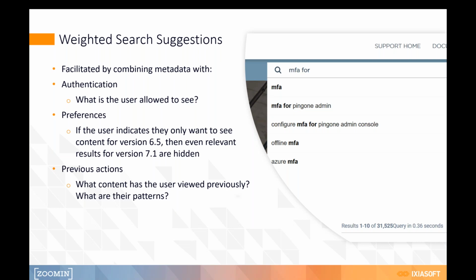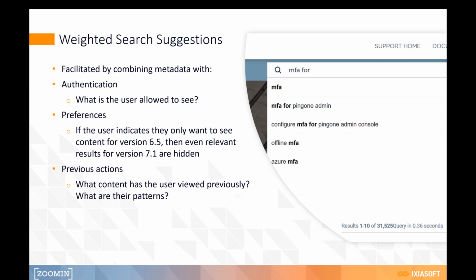The third thing that we can use to help weight the search that's really cool is the previous actions, or the previous behaviors, of the user. So if I go in and I don't have preferences set for the version of the product and it's not indicated in my authentication method, but I did a search for 6.5, then we want the system to remember that and weight the search according to that.